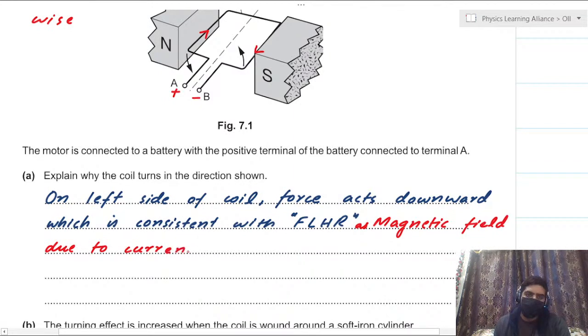All right, one magnetic field is there from the permanent magnets, from North Pole to South Pole. The other magnetic field is there due to the presence of current. Whenever current flows through a conductor, a magnetic field is produced.